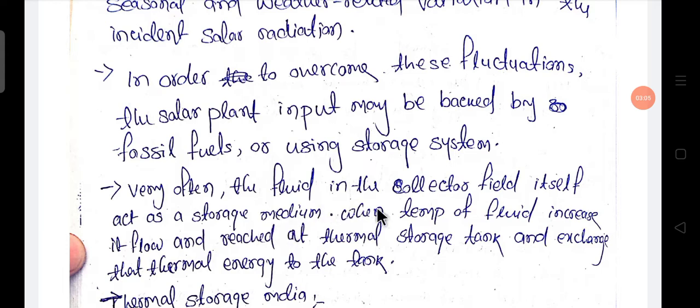When the temperature of the fluid increases in flow and reaches the thermal storage tank, it exchanges that thermal energy to the tank. That means the heat transferring fluid itself acts as a collector to collect the thermal energy for a little bit of time, and after that it transfers it to the storage tank.